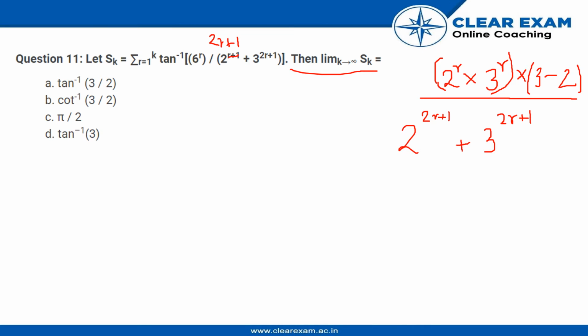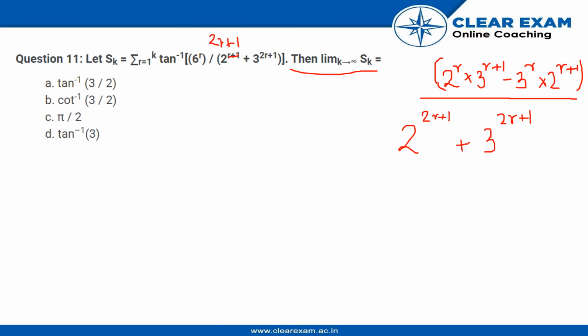So we multiply this term to both of these. What we get is 2 raised to r into 3 raised to r into 3 minus 2. The first term: we multiply 3 raised to r by 3 to get 3 raised to r plus 1, minus 2 raised to r into 3 raised to r into 2, which gives 3 raised to r into 2 raised to r plus 1. So this is what we get after the multiplication to both the terms.